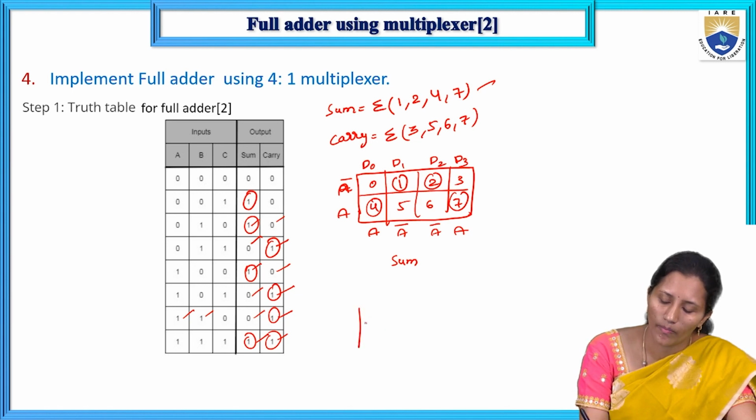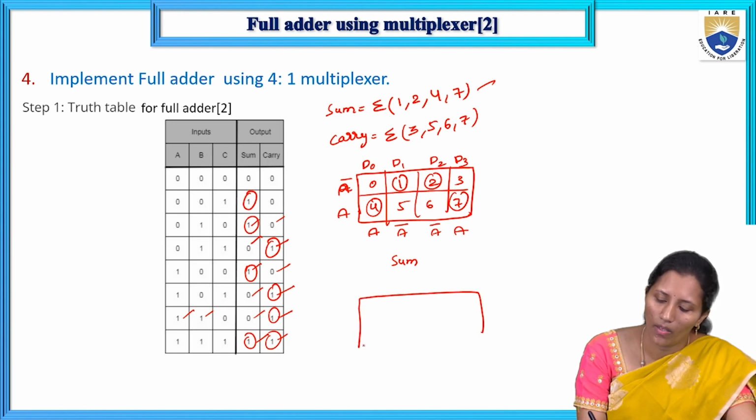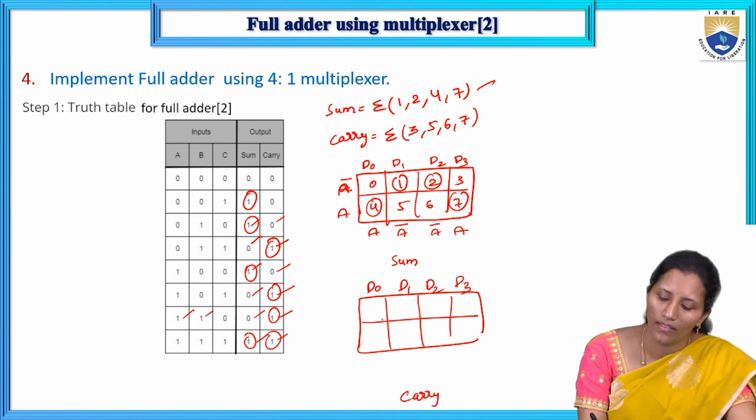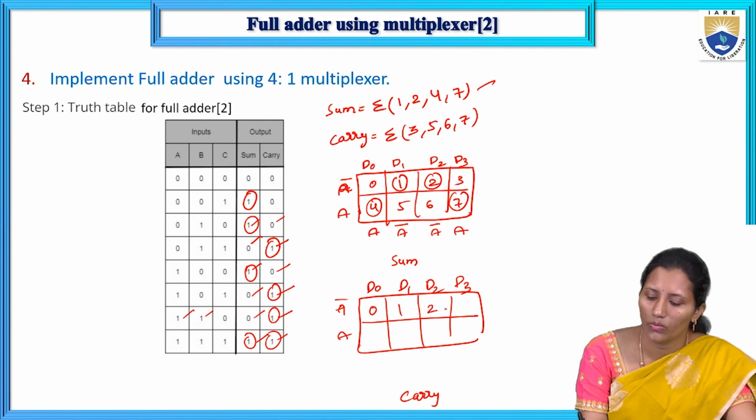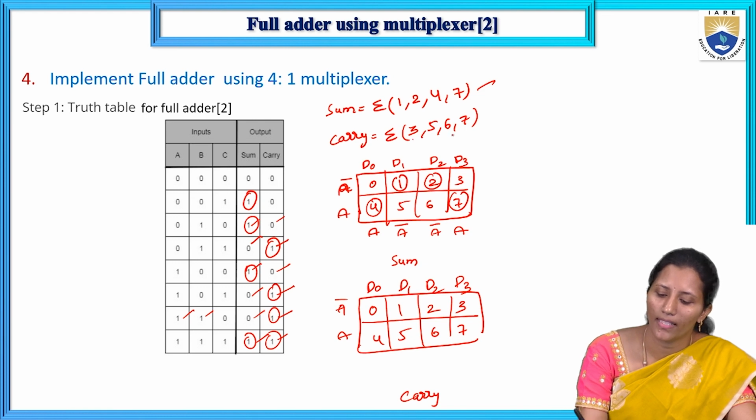For carry, again we take the implementation table with D0, D1, D2 and D3, and A bar and A, with 0 through 7.